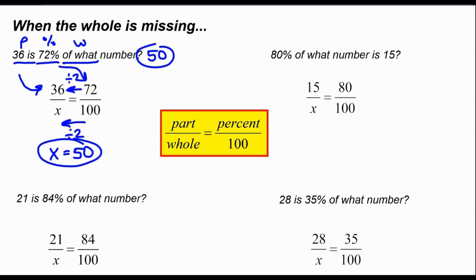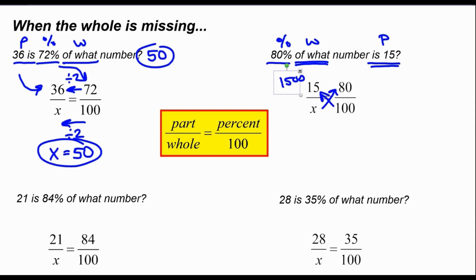80% of what number is 15? So again, here's my percent. That's the easiest one to find. Of what? The whole is missing. Is 15? That's the part. So 15 out of what would be 80%. And then I again set up my proportion, putting the parts in that I know. And then I'm going to use cross products to solve this one. 100 times 15 is 1500.